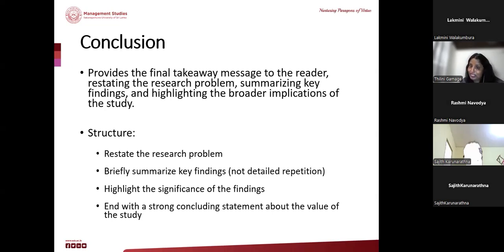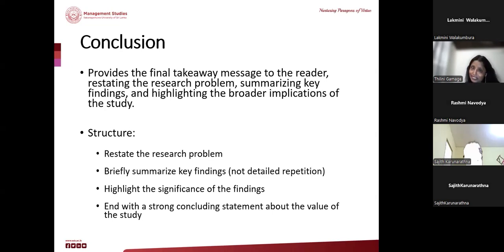No. So when it comes to structuring the conclusion, you have to always restate your research problem, and then you have to briefly summarize the key findings. Remember, I have included it within parentheses here. It does not mean that we need a detailed repetition.